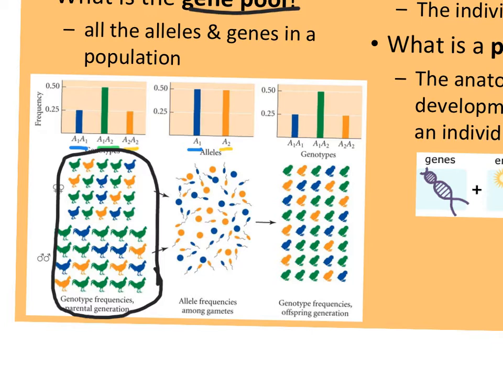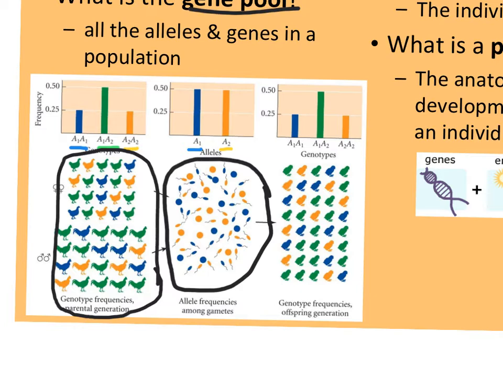You take all those alleles, each individual has two alleles for each gene, and you throw them into the pot, and this is what you get in terms of the gene pool. There are twice as many alleles in the gene pool as there are individual chickens in this population, because remember, each chicken is diploid and it has two alleles for every gene.